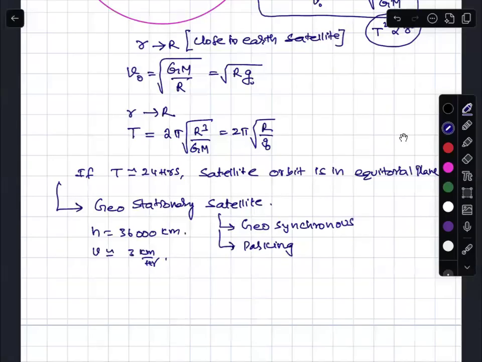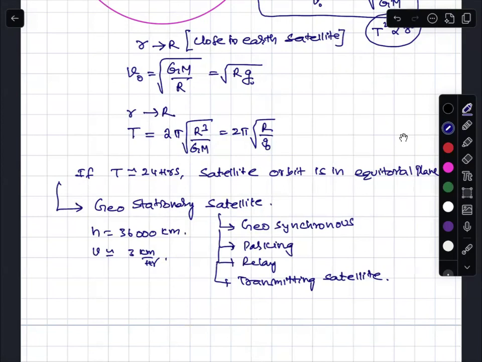Or this is also called a relay, or a transmitting satellite. Why? Because the live cricket matches are all delivered only due to this satellite. Always in front of us.